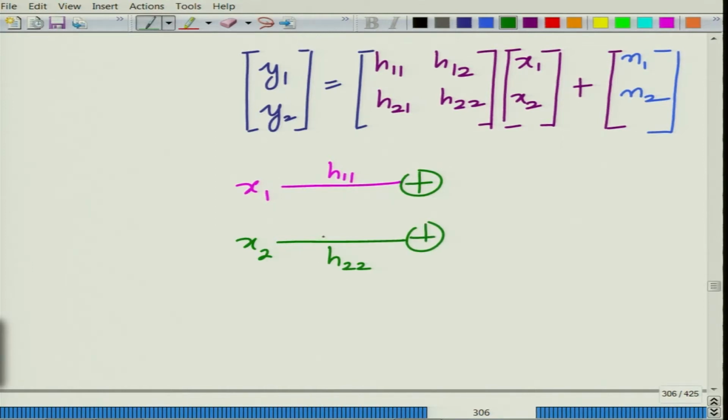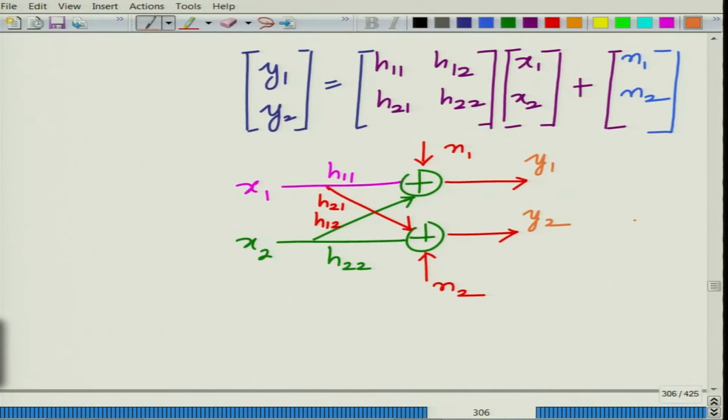In addition, x2 you multiply by h12, and x1 by h21, and this is your noise n1, this is your noise n2, and then you have the outputs, which are your y1 and y2.